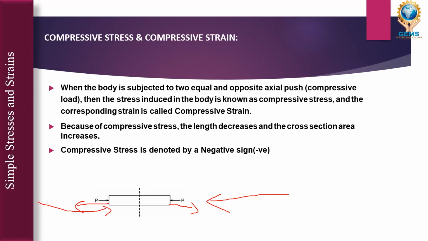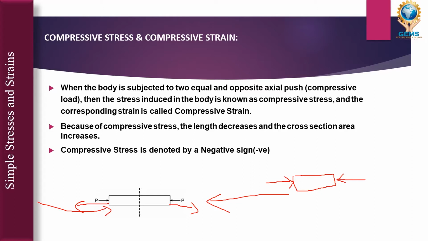See, one more point: because of compressive stress the length decreases and the cross-sectional area increases. That means suppose that this is a rod. If we apply load from this side and force from this side, what will happen?